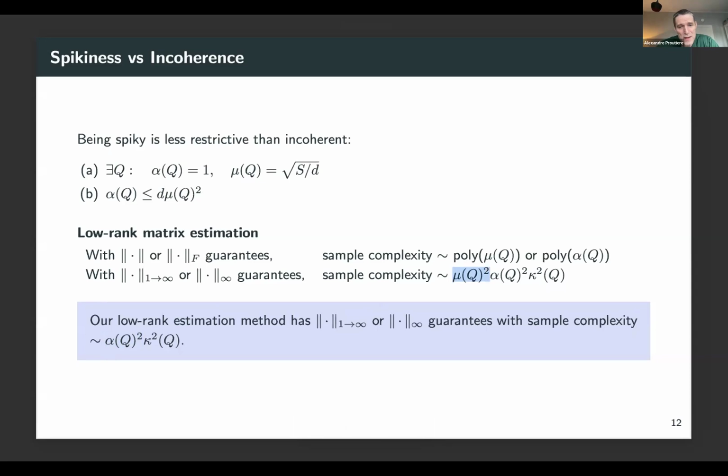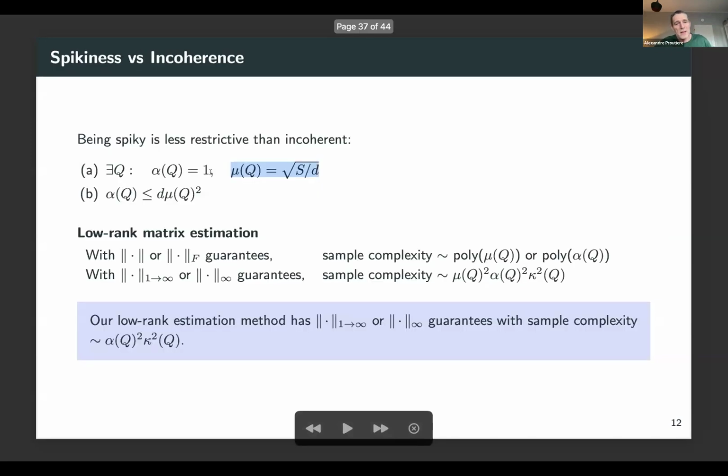And this can be really significant for some matrices, because again, mu squared would scale as S. So by removing mu squared, potentially you improve the sample complexity by a factor S or N, the dimension of the matrix. So it's very important.